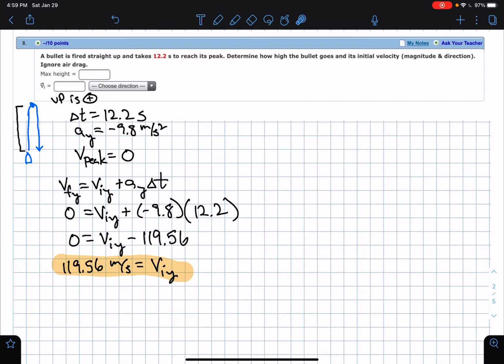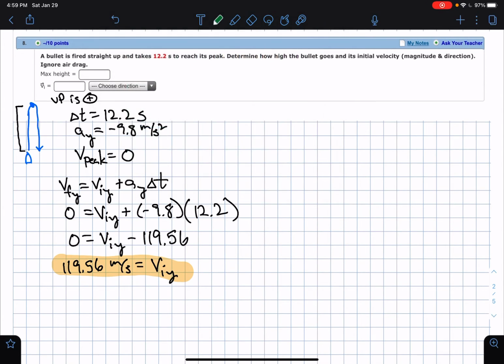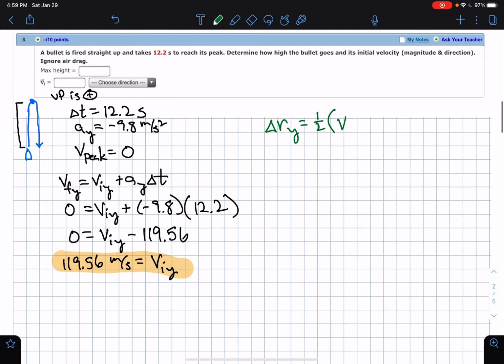Now that I know that, I can find the max height. Just to use a different formula, we'll use delta ry equals 1/2 (v initial y plus v final y) delta t. We have many options at this point, but I'm going to use this one.